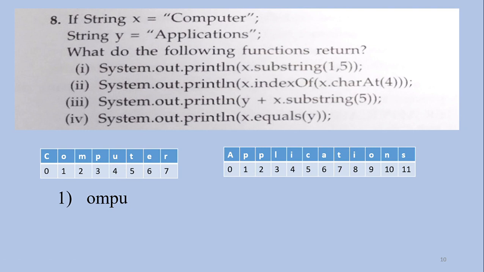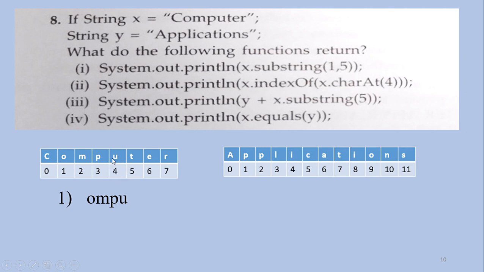I will repeat once again. Since they have given two functions, the inner function you have to write first. What is the inner function? Inner function is x.charAt(4). What is the character at the fourth index position in the string called x?